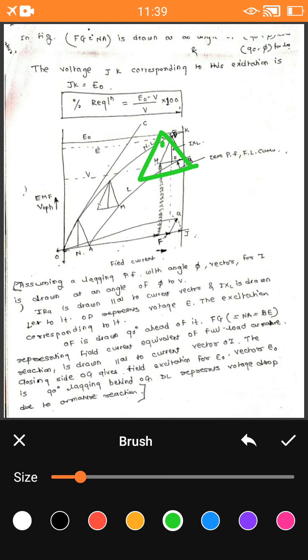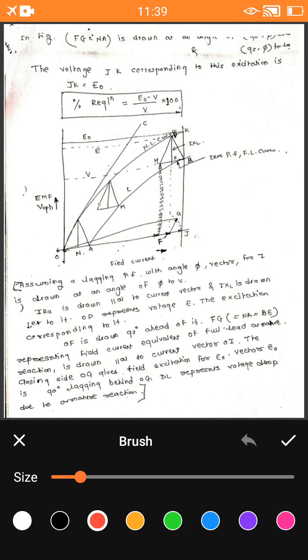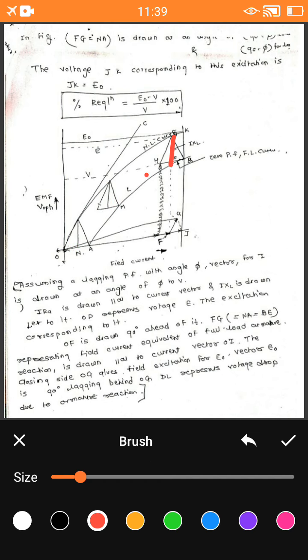So after drawing the BHD, this is the full load zero power factor curve, and this is the no load curve. The triangles remain the same in magnitude over that particular range. So this will give you the value DE, which gives the value of the IXL drop.